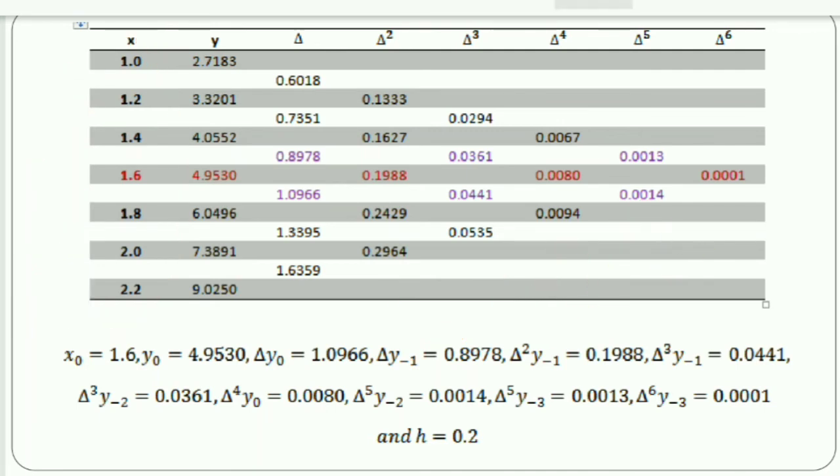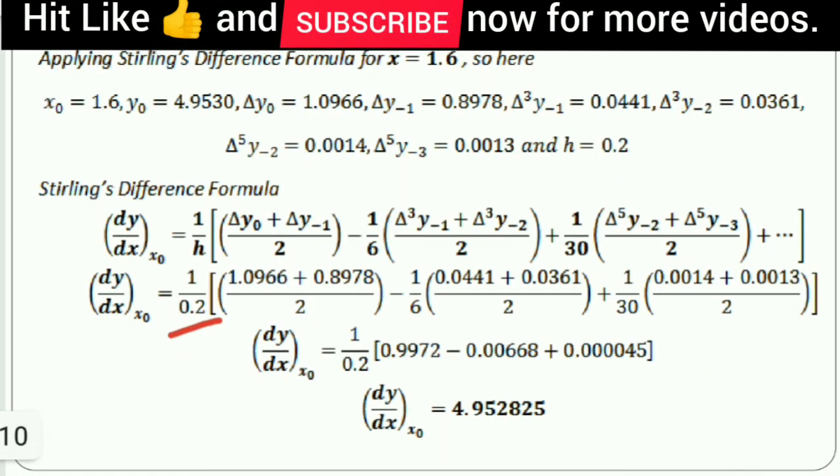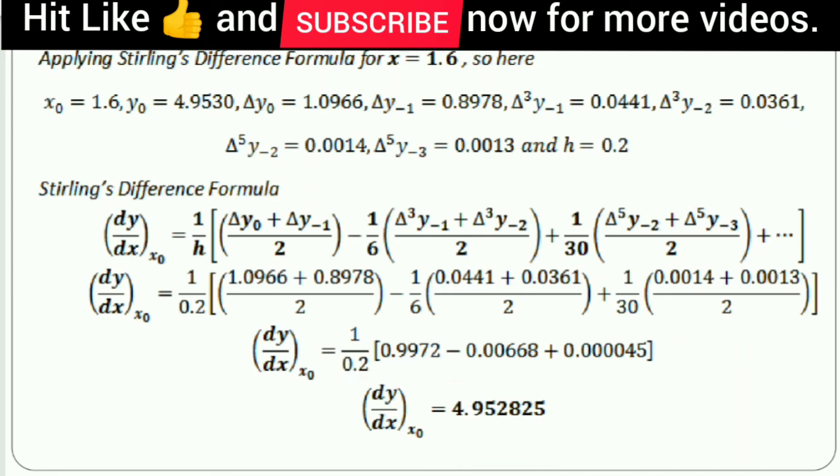Right, so the value of h is 0.2, and del y naught, then del y minus 1 we kept here. After that we want del cube y minus 1, del cube y minus 2, that is this. Okay, so in this fashion we kept all the values here and we got the required answer. Right, so this is the solution for dy by dx.